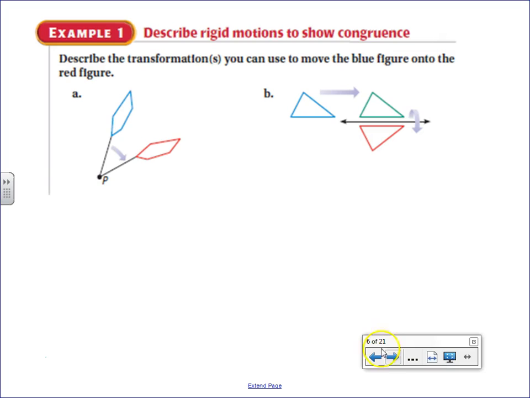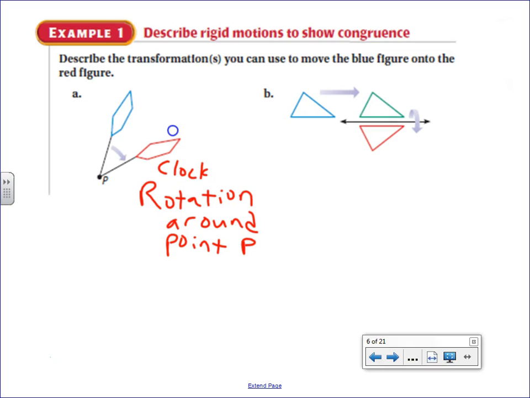So to go from blue to red, that is a rotation around point P. And to be more descriptive, we could say a clockwise rotation, since it's moving in the direction of a clock. B, well, first we go to the green, so that would be a translation.